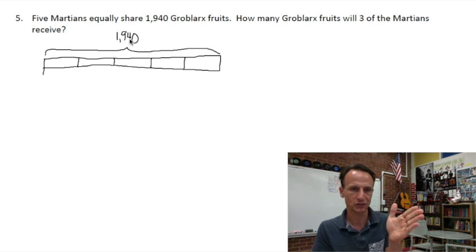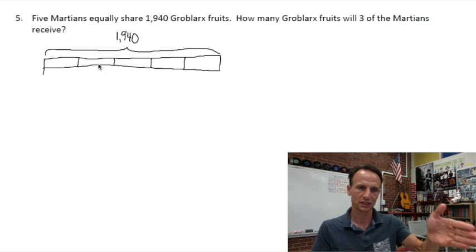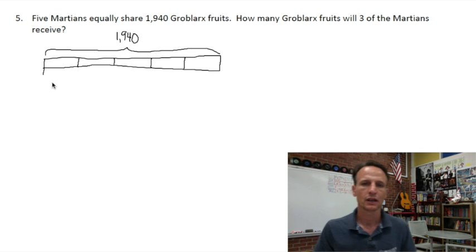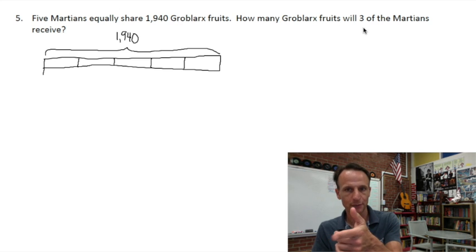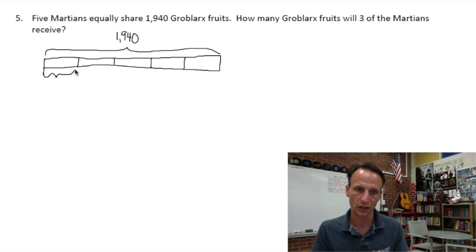There we are. See, so you can see right here, 1,940 fruits being split among 5 Martians, divided equally among the 5. What we're really trying to find is the answer to the question, how many will 3 of them receive? But we're going to first have to solve for 1.